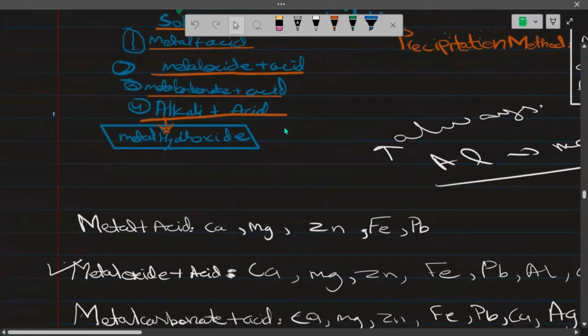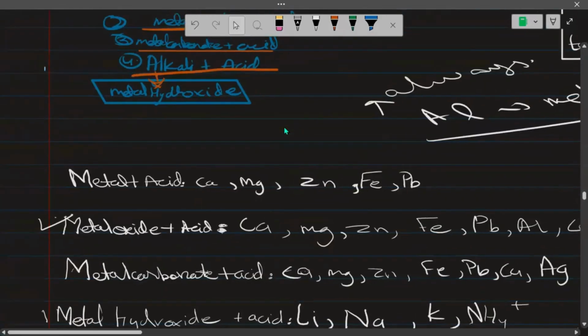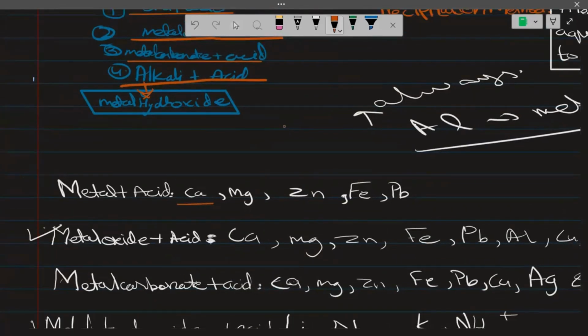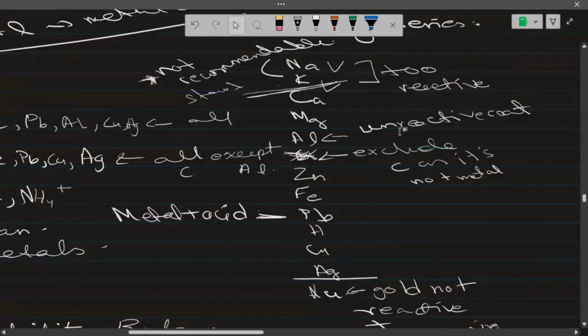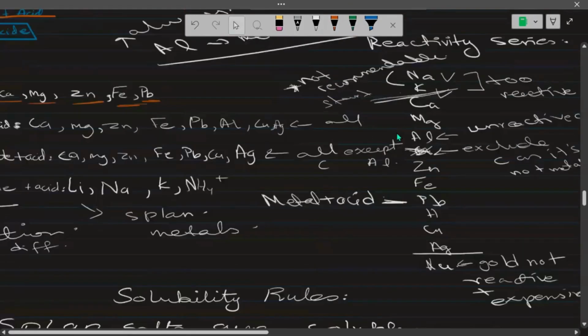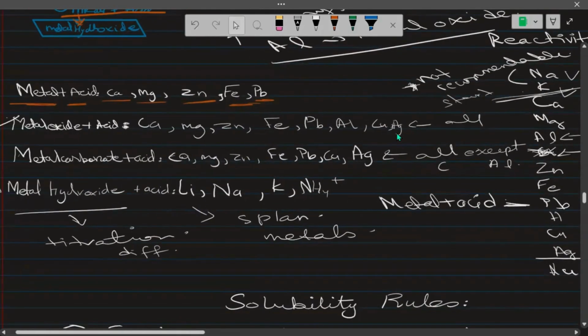In this, if there is calcium, magnesium, zinc, iron, or lead, then only the metal will react with acid. Let's see the periodic table.